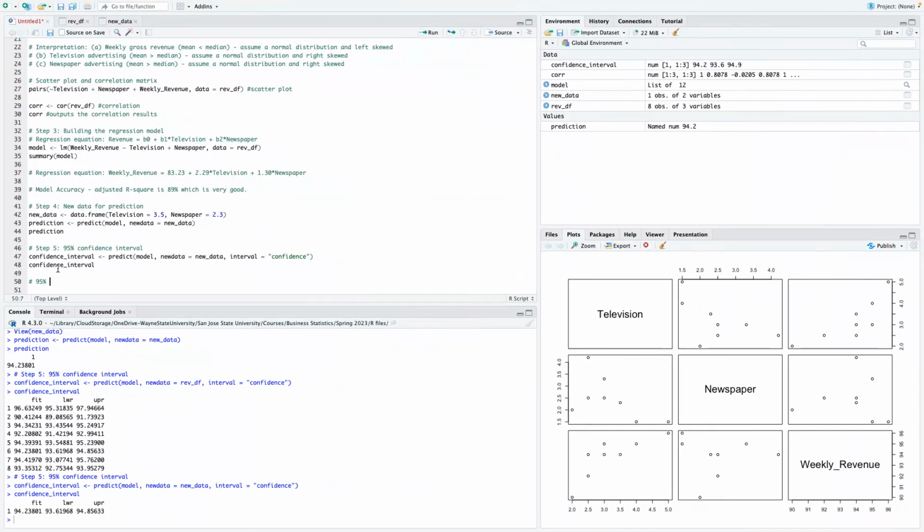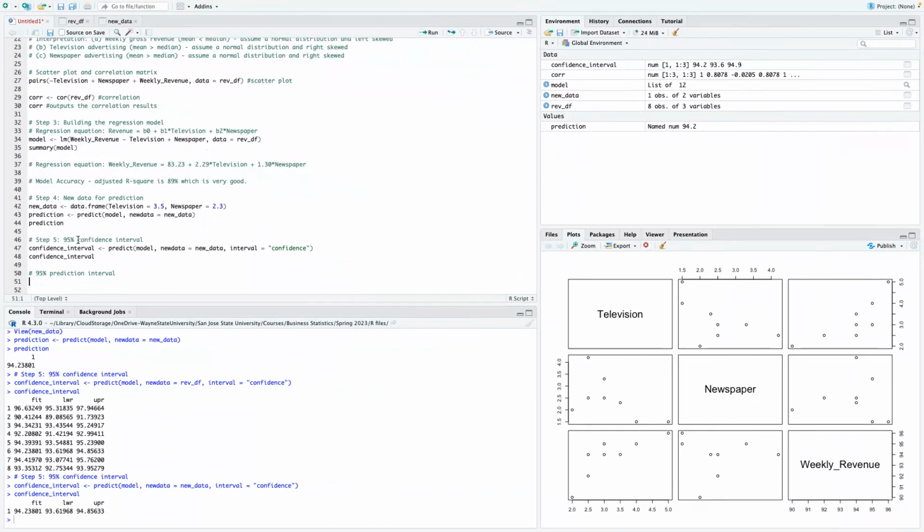But now we're looking at the 95% prediction interval. Oops, I spelled that wrong. I think we can copy this because it's basically the same thing, but we could change this to prediction underscore interval.